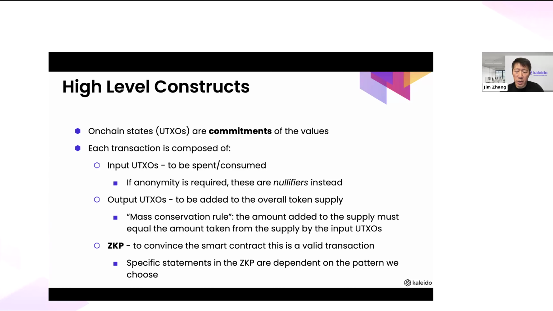So how does the smart contract know that these input hashes and output hashes represent an honest transaction? That's what the zero knowledge proof is trying to do. And each proof, depending on exactly what our privacy requirements are, will have different statements in them. We'll see the details in the following slides.